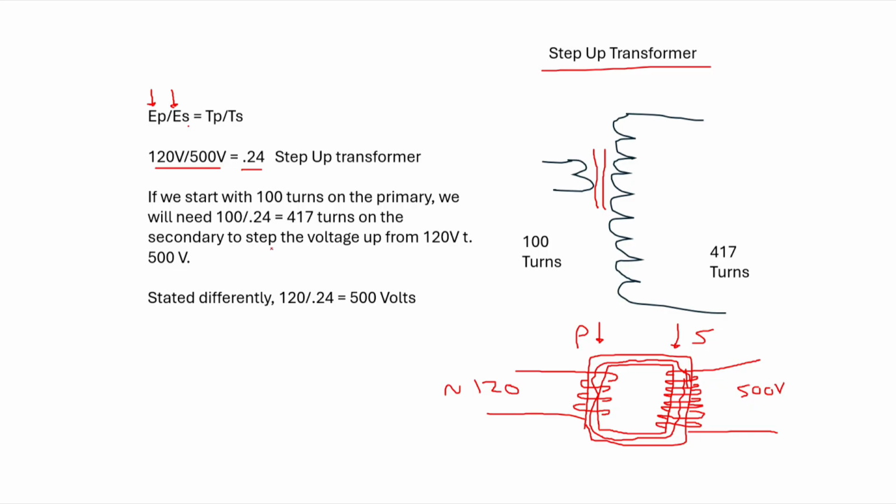Now, if the turns ratio is below 1, it's stepping the voltage up. If the turns ratio is above 1, we're stepping the voltage down. Don't get freaked out by that. No big deal. Let's just run some practical numbers here.